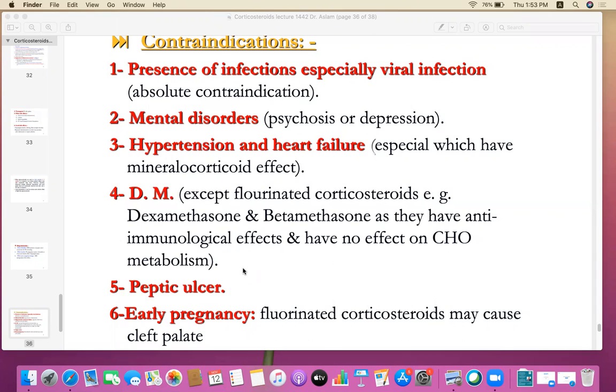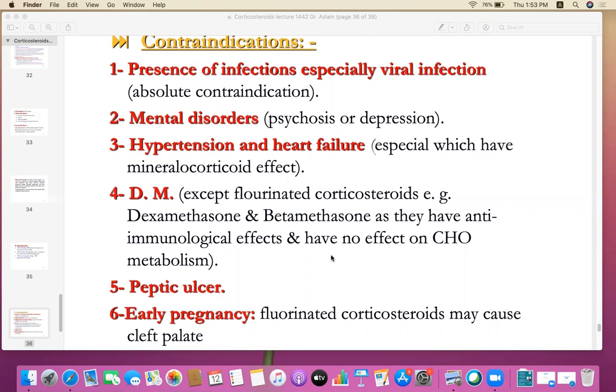In diabetes mellitus, you can give only dexamethasone and betamethasone. Dexamethasone and betamethasone are also called fluorinated corticosteroids. Why are they called fluorinated? Because they contain a fluoride group, Fl. That's why they are called fluorinated hydrocorticosteroids, as they have an anti-immunological effect and no effect on carbohydrate metabolism.